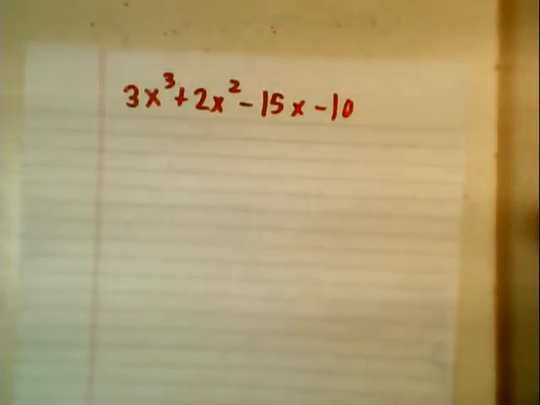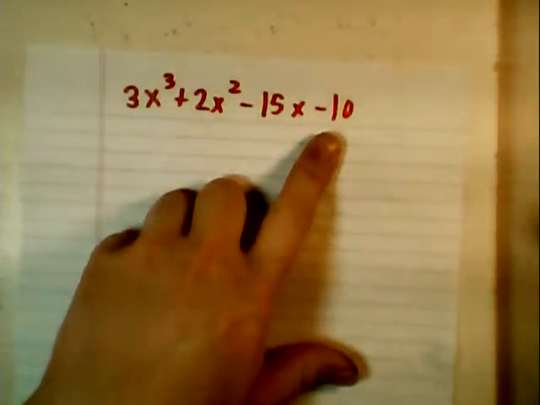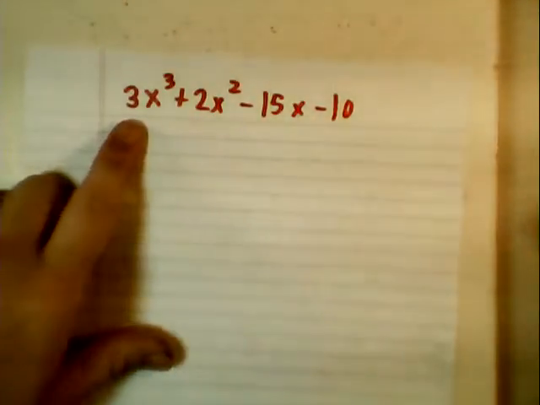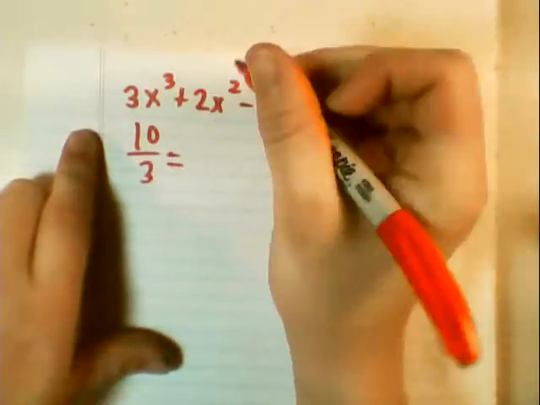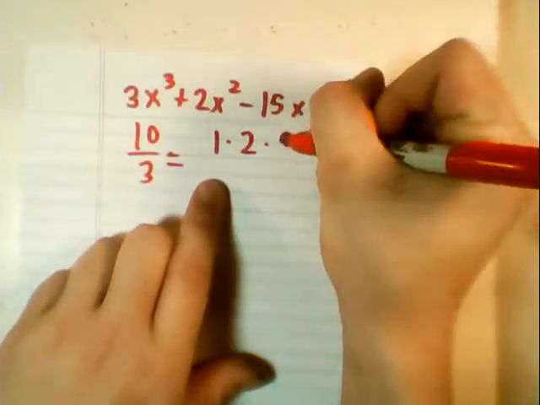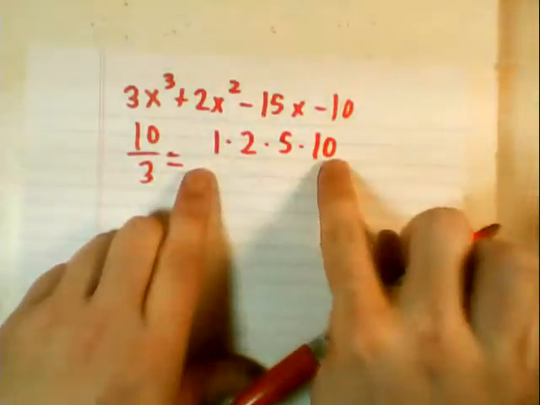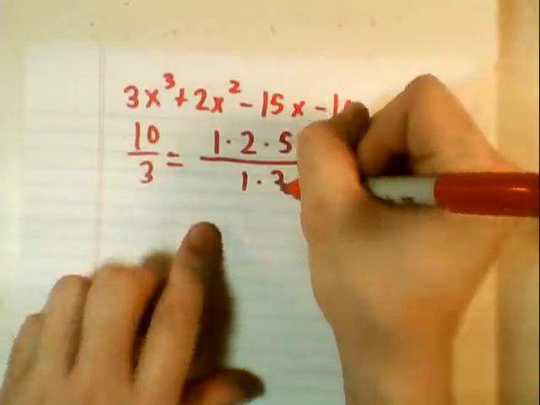Okay. So remember, the rational zero theorem is factors of the constant over factors of the leading coefficient. So we have 10, 3. What are some factors of that? We have 1, 2, 5, and 10: 1 times 10, and 2 times 5. And then 3 is just 1 and 3.